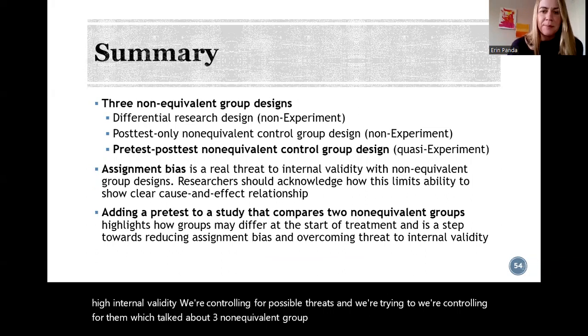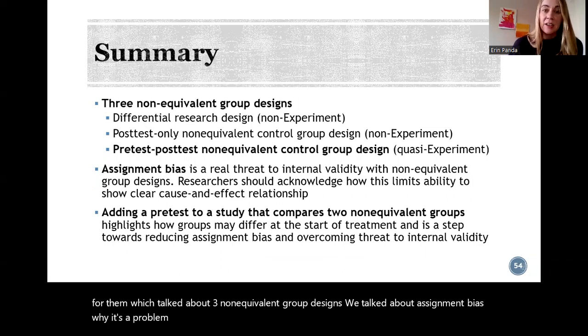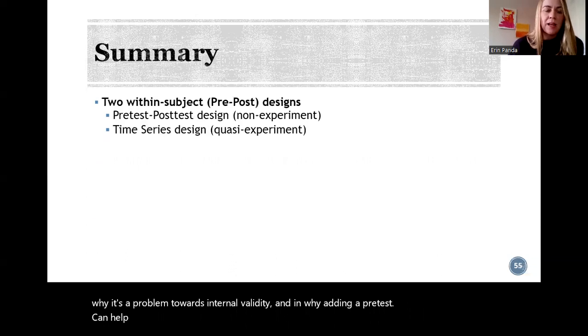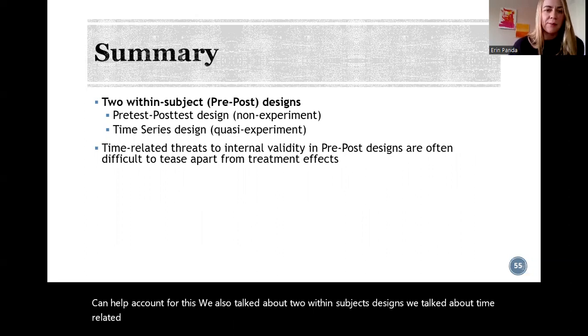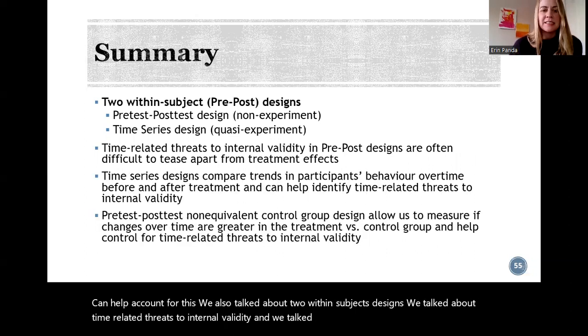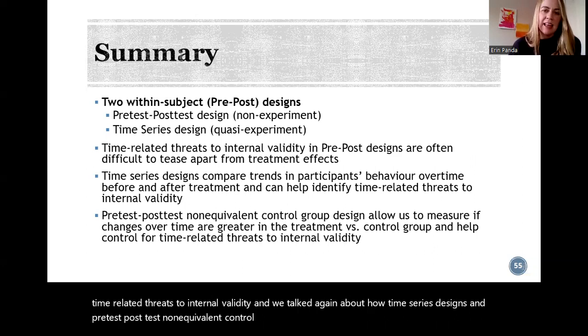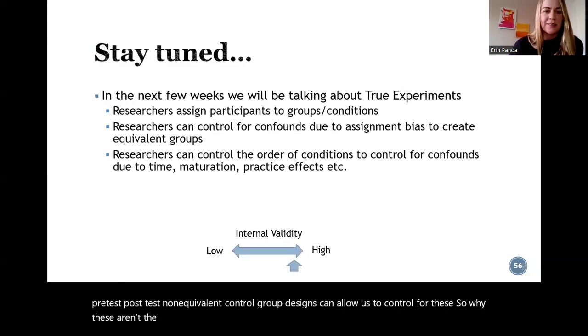We talked about assignment bias, why it's a problem for internal validity, and why adding a pretest can help account for this. We also talked about 2 within-subjects designs. We talked about time-related threats to internal validity, and how time series designs and pretest-posttest non-equivalent control group designs can allow us to control for these, so why these are the quasi-experimental designs of choice.